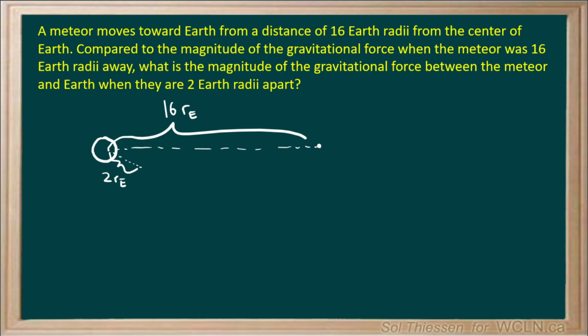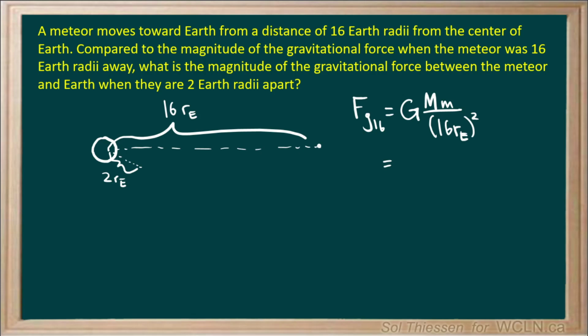Anyway, we can calculate the force of gravity when they are 16 radii apart to be G, the gravitational constant, times the mass of the Earth, times the mass of the satellite, meteor, divided by the distance between them squared, 16 Earth radii.